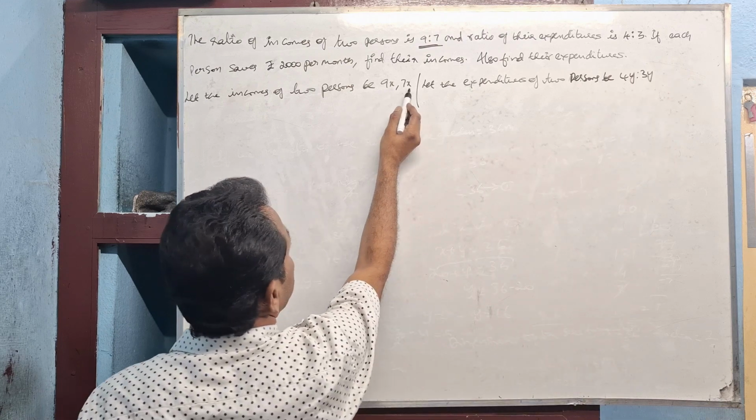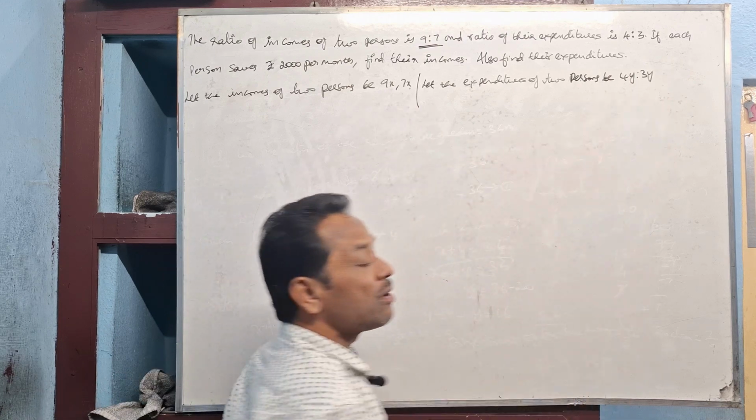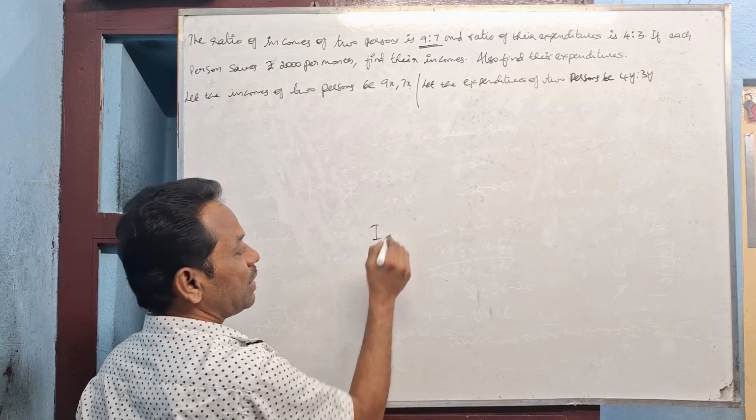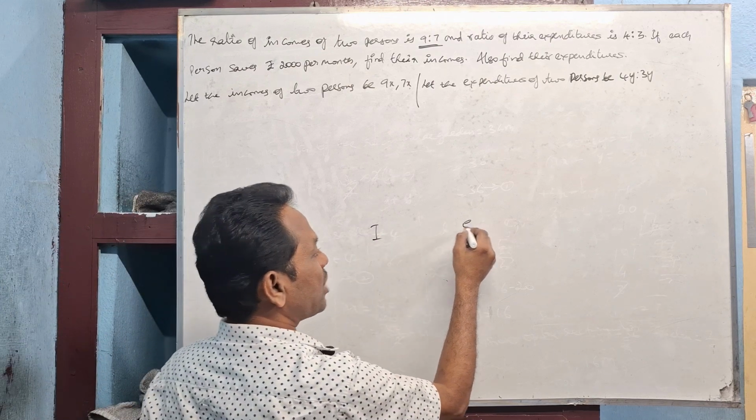So here we take x and x, and here we take y and y. So bacho, listen, we have assumed the incomes and expenditures.